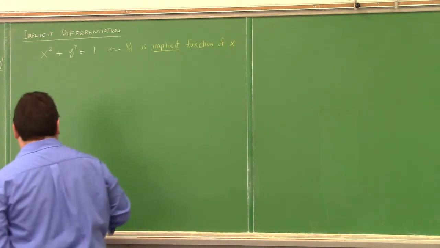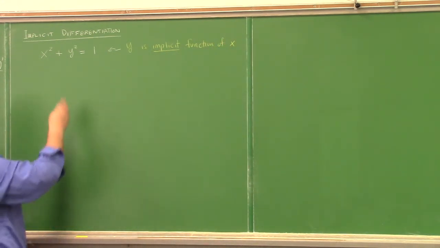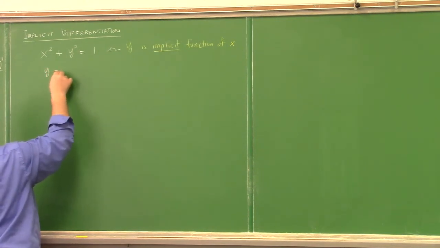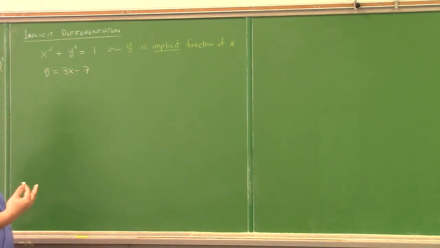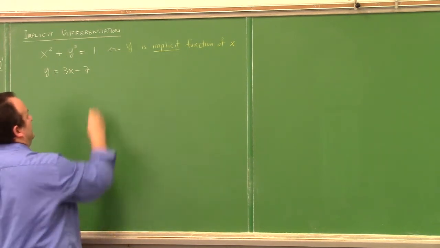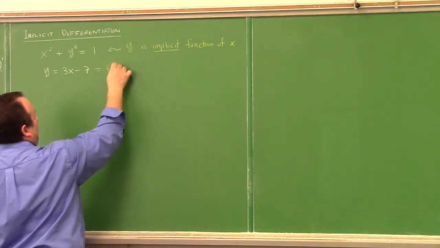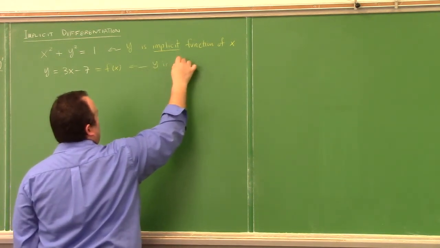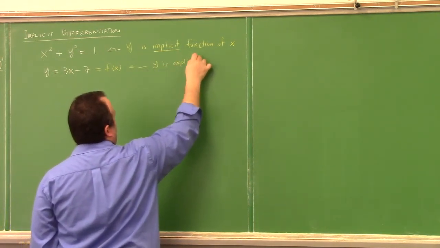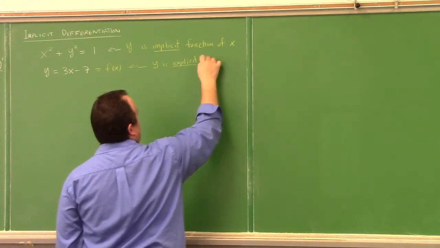In contrast, if I say y equals 3x minus 7, then you can say, aha, this is f of x, so y is an explicit function of x.